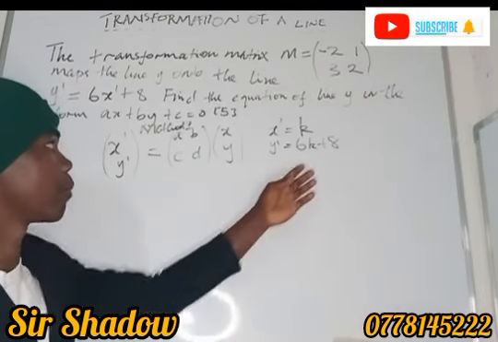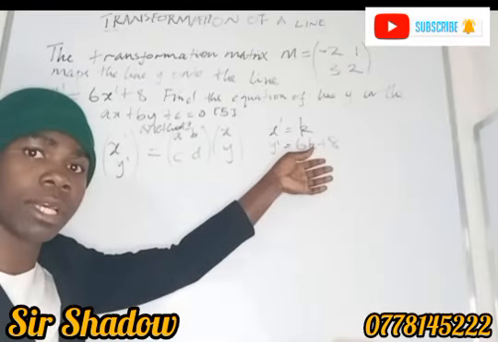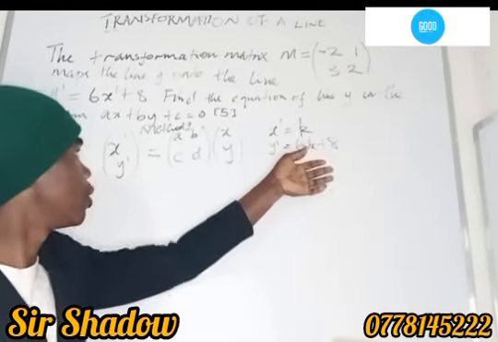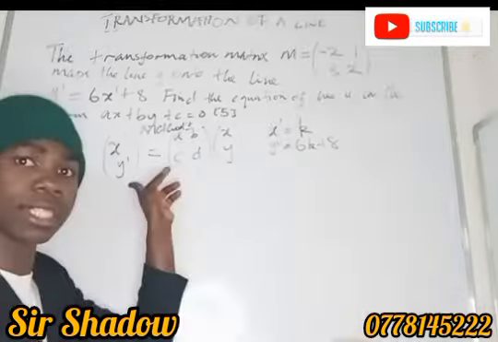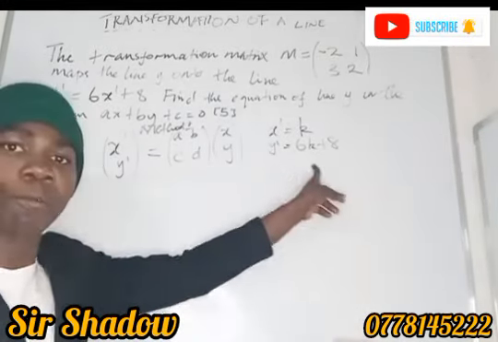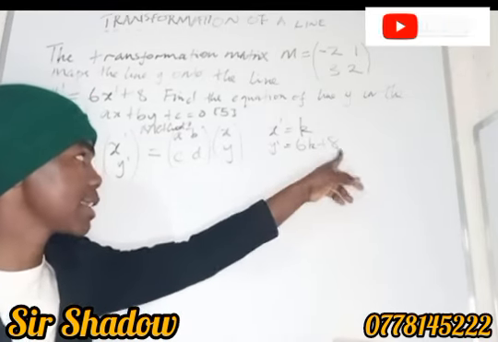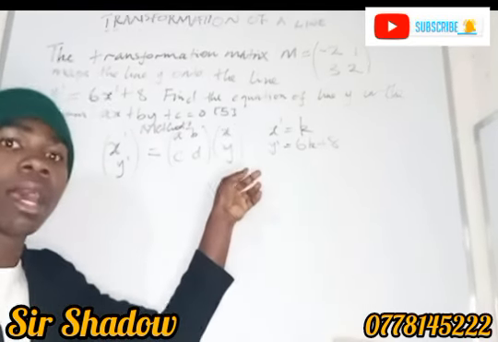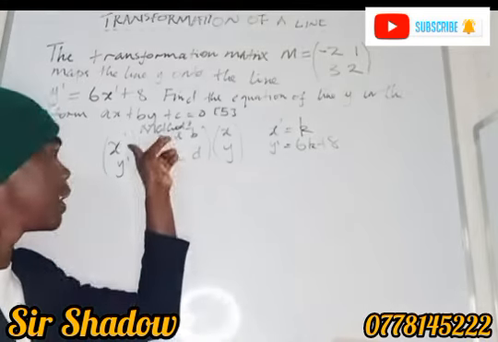Then, since we have these coordinates, we have to substitute x prime by k into this general formula, and substitute y prime for 6k plus 8 into this general equation where there is y prime and x prime.